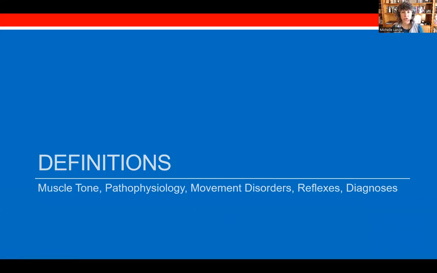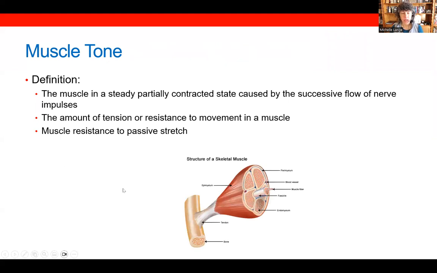Let's start with some definitions. It's real important that we're on the same page in terms of just what is muscle tone, what causes it, etc. So we all have tone in our muscles all the time. The muscle is in a steady, partially contracted state that's caused by a successive flow of nerve impulses, and those nerve impulses go in 2 directions.